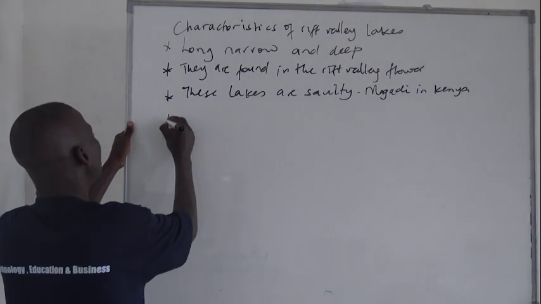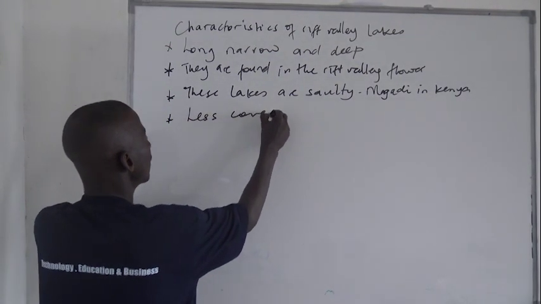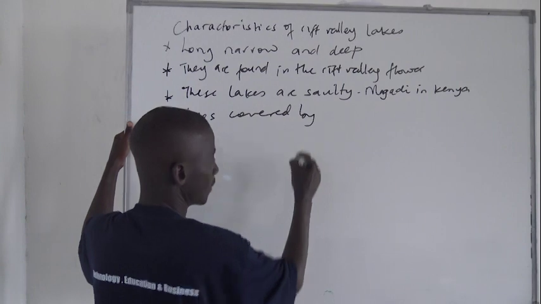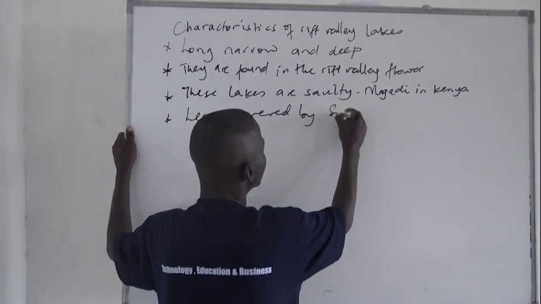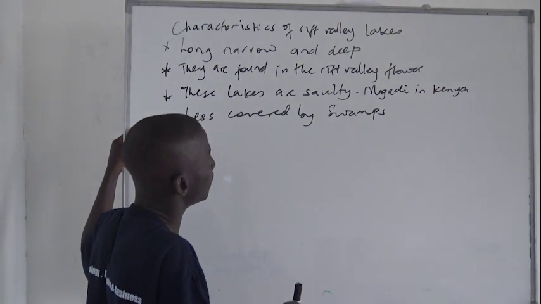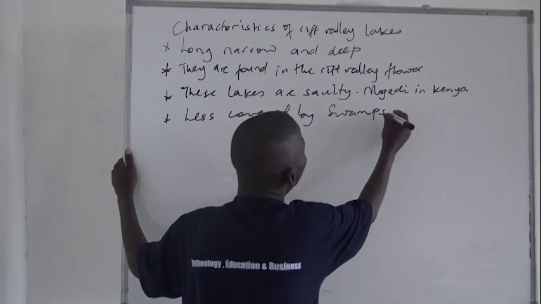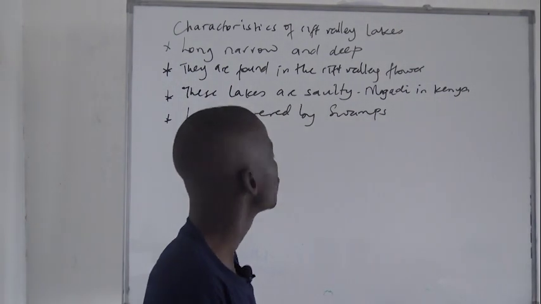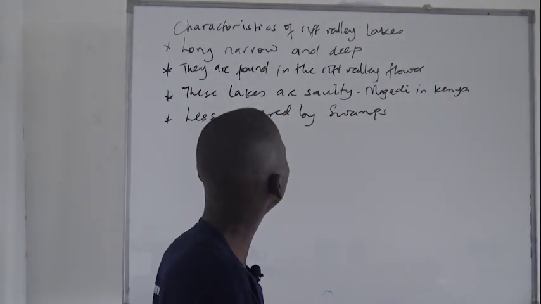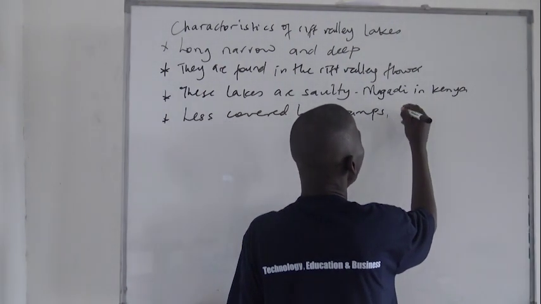They are less covered by swamps. Since we have said they are deep, it gives no room for the growth of a lot of swamps, and so you will find that they are rarely muddy.